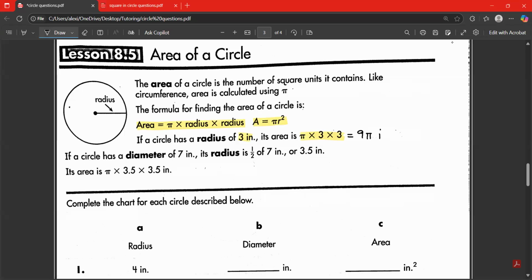And then the units are inches squared. Because in reality, this means 3 inches times 3 inches, and inch times inch is inches squared.